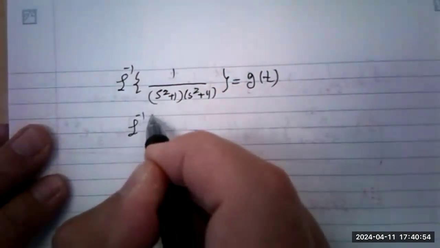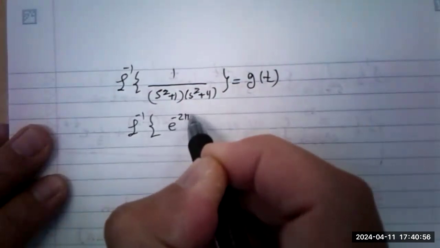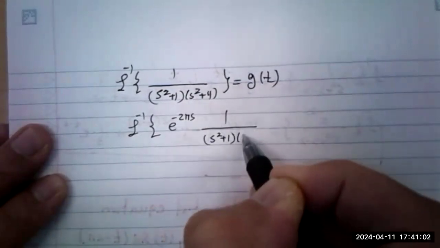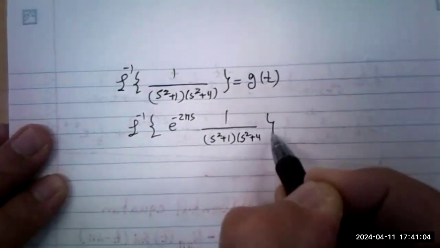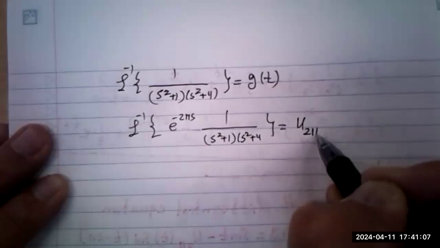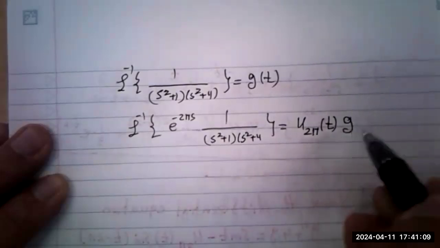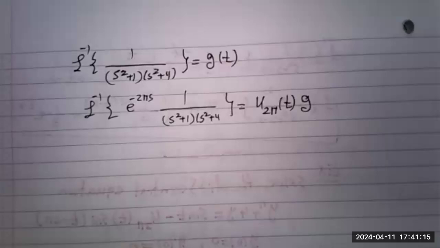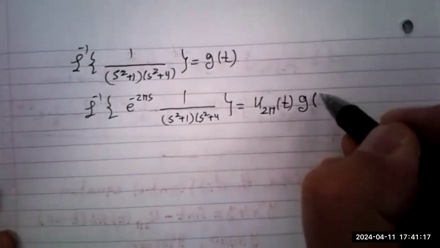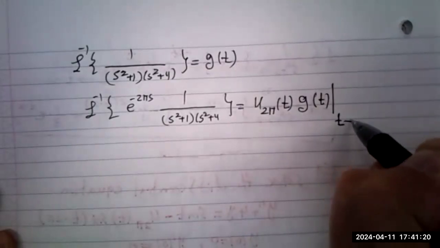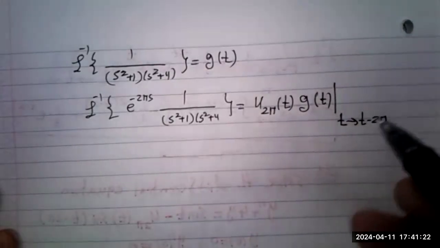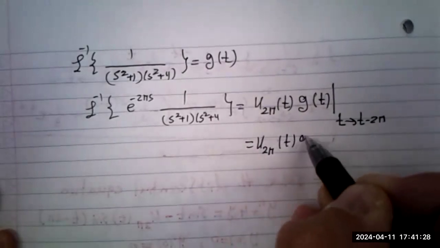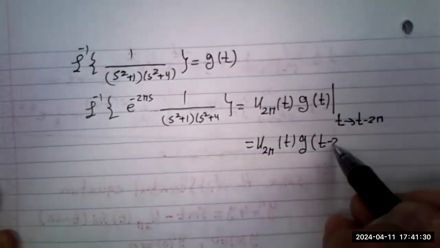So the Laplace inverse of the second one, e to the negative 2π s times 1 over (s squared plus 1) times (s squared plus 4), would be u_2π(t) times g of t when you change the t into t minus 2π. So in short, this is u_2π(t) times g of (t minus 2π).